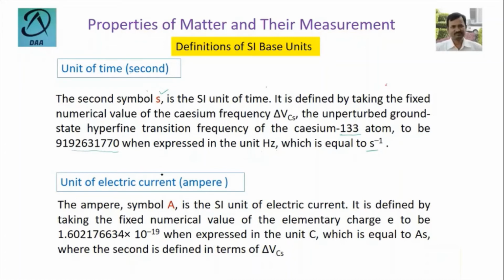Now, unit of electric current, which is ampere, and this ampere is symbolized by capital A as per the SI system.